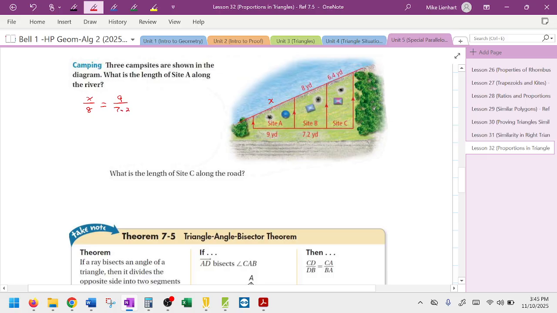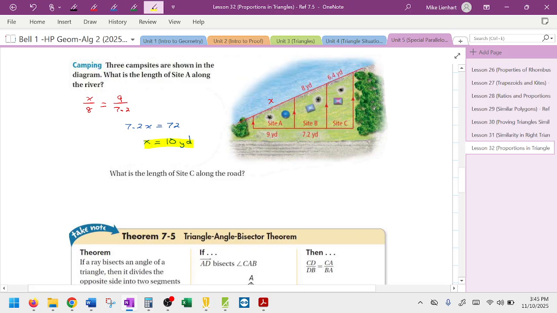And I just double checked to make sure all my measurements they gave me in the picture were the same unit of measure. They're all yards, so I'm fine. If I cross multiply, I get 7.2x is equal to 72. And if I divide, I get x is equal to 10 yards.